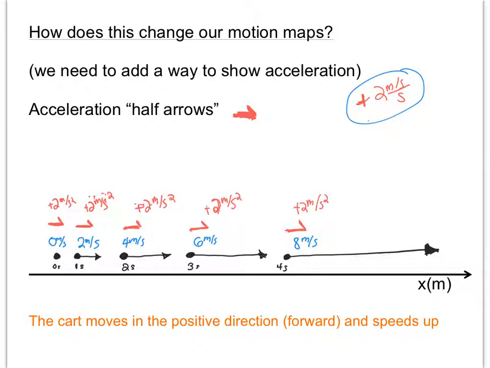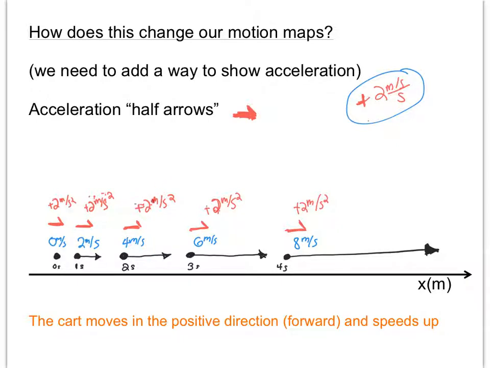So what this means is acceleration is really adding to the velocities. And the way I think about this is that the acceleration adds to the current velocity to give us the next one. So notice here, if you follow my mark here, we've got plus 2 adding to 0 gives us 2 meters per second a second later. Adding 2 again gives us 4.